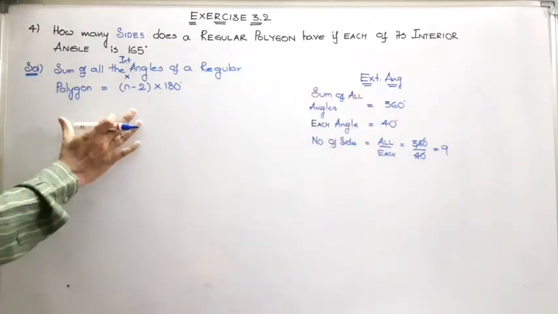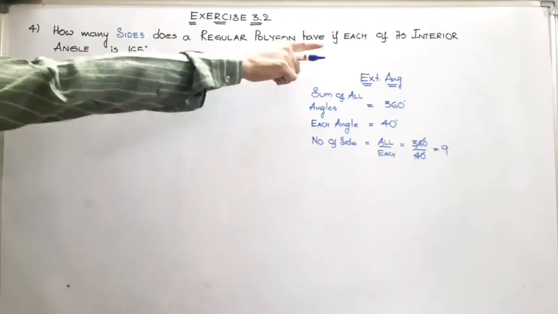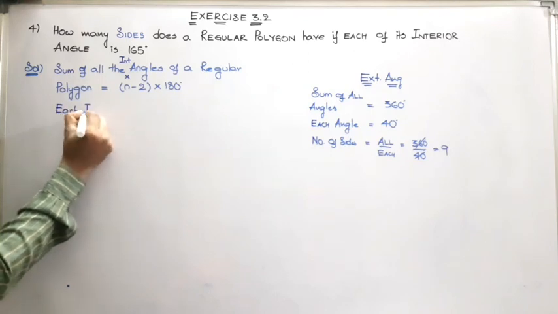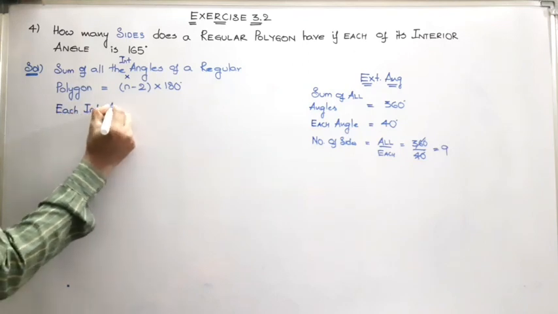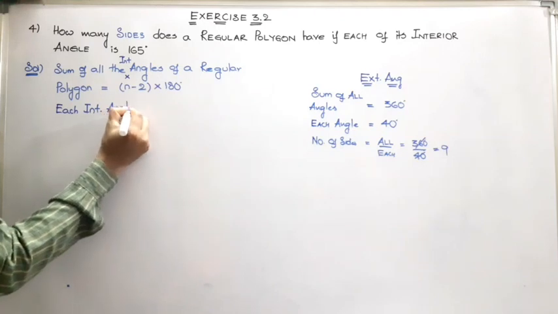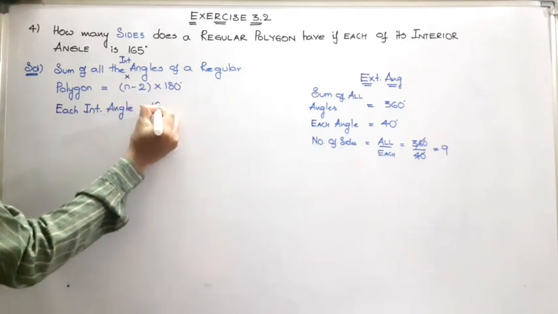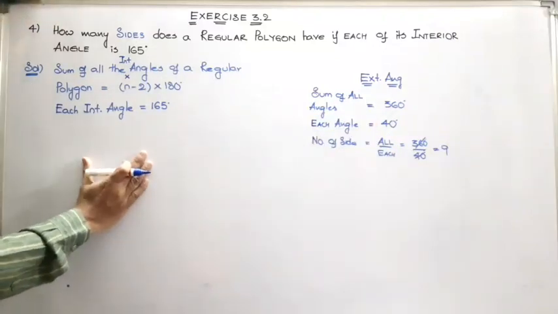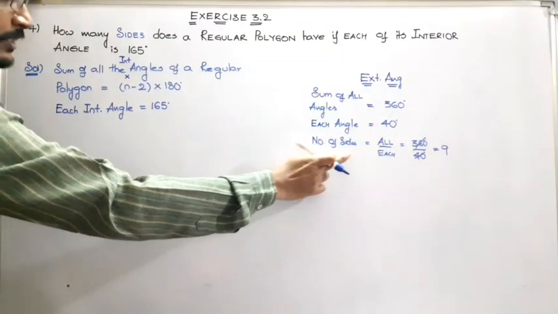Now observe this side. They gave each of its interior angles. Each interior angle is equal to 165 degrees. Just like here I gave 40, they gave 165. If we want the number of sides, what did we do?